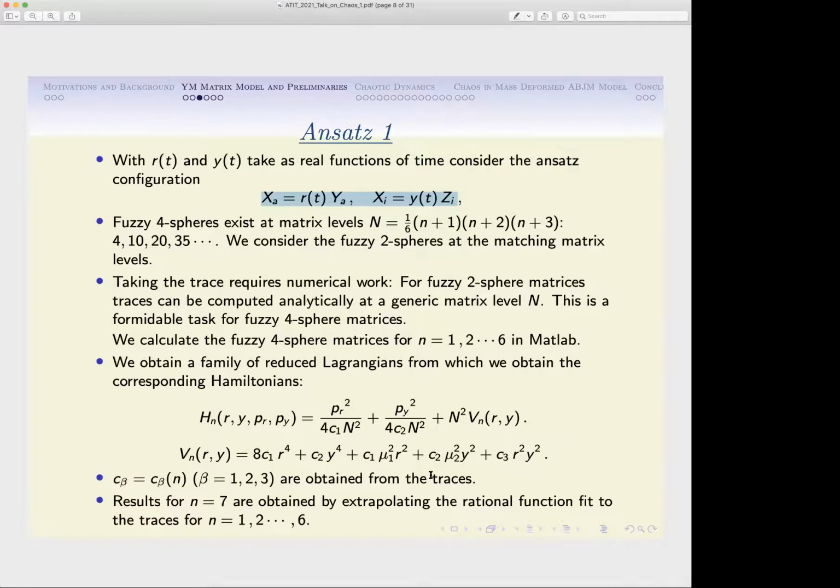Are there any constraints or conditions on these functions? I presume they are smooth analytic functions. Oh, you mean R(t) and Y(t)? Yeah, they are just smooth real functions of time, of the parameter t, if you like. But do they need to go to 0 as t goes to infinity, or any boundary condition?